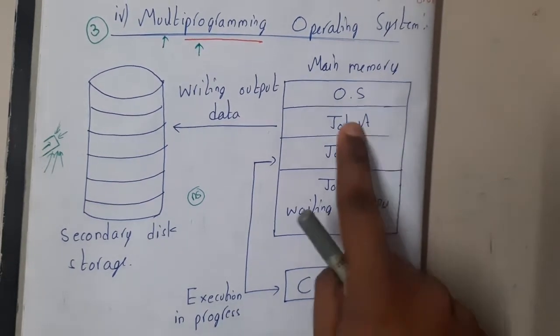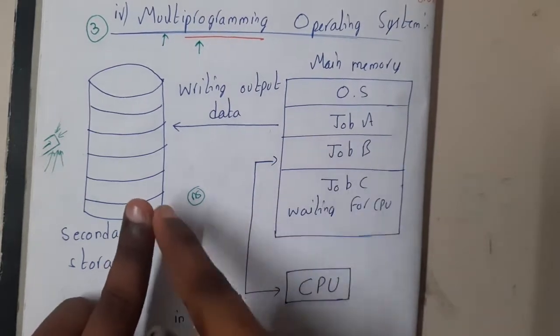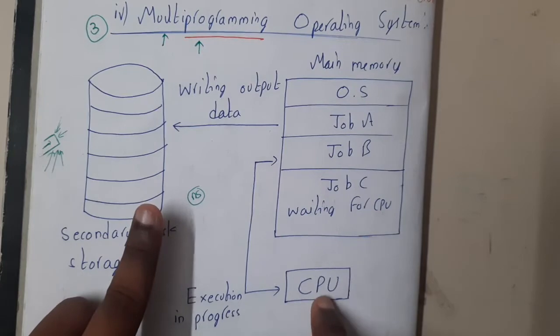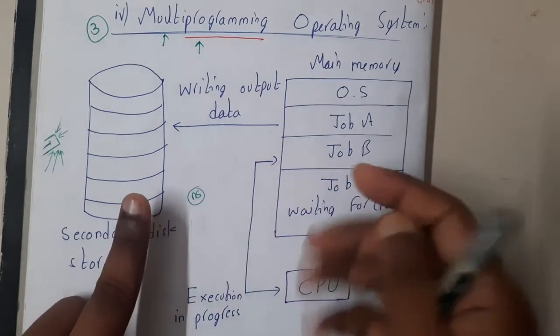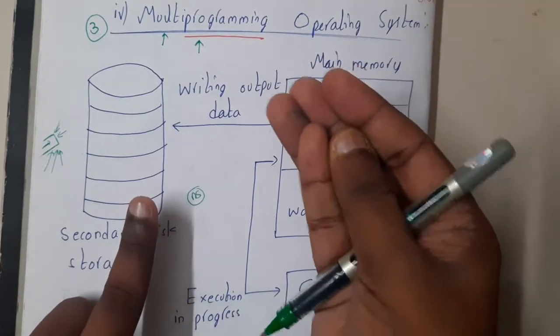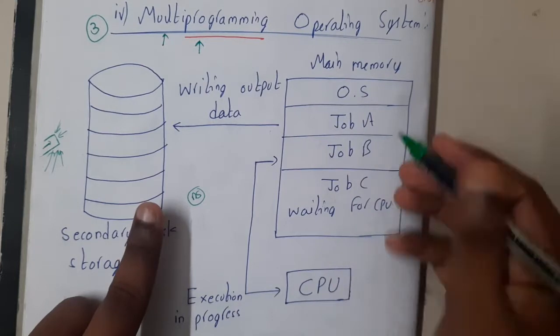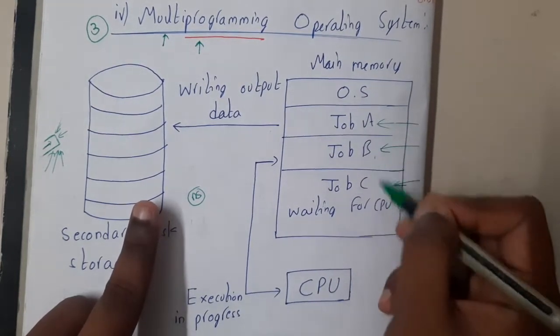Assume job 1 is running in the CPU, and suddenly job 1 wants some input output device. At that time the CPU will send job A outside. It will say, please go outside, get your input output and join back. The CPU will take the next job, because there are three jobs waiting for the CPU. If A is running, B and C are waiting.